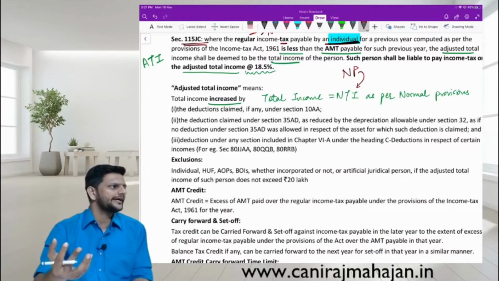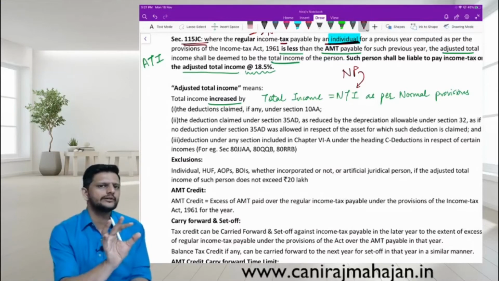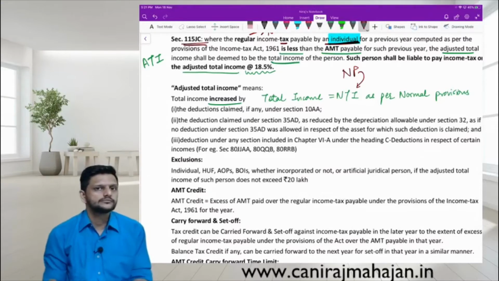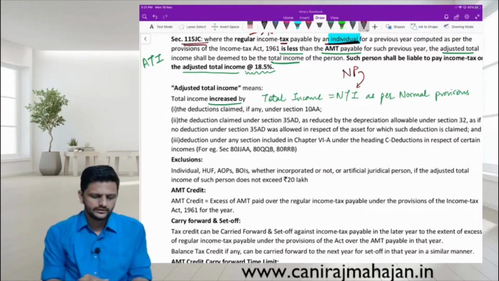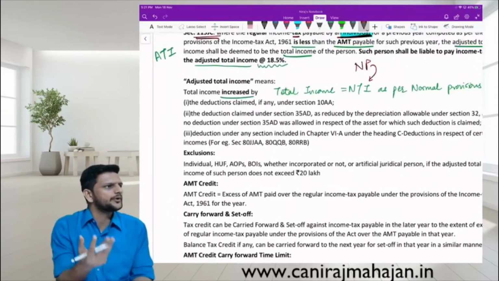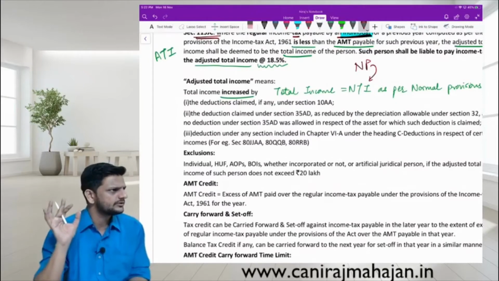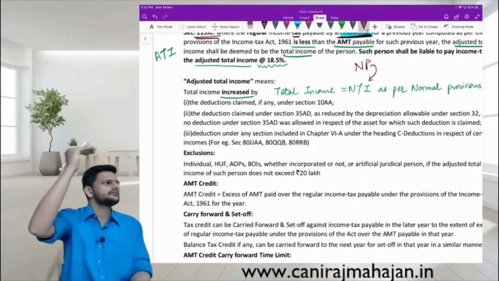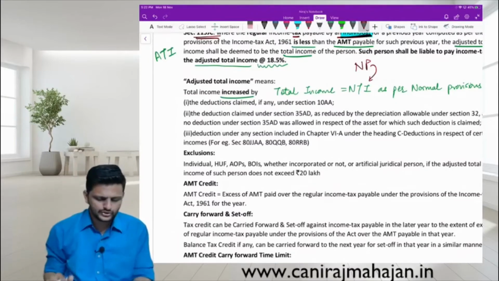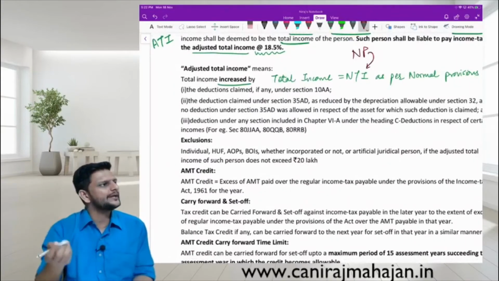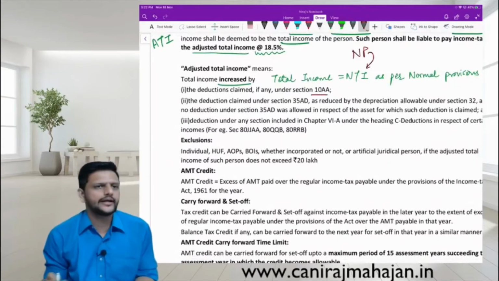Now, for your AMT calculation, we start with NTI. Just now you have written that, okay? ATI means total income. Total income is taxable income, NTI as per regular provisions. Over there you have to add back deductions claimed, if any, under section 10AA.